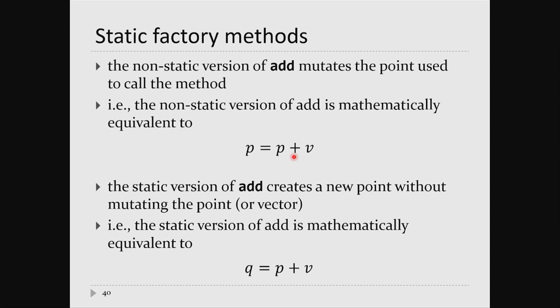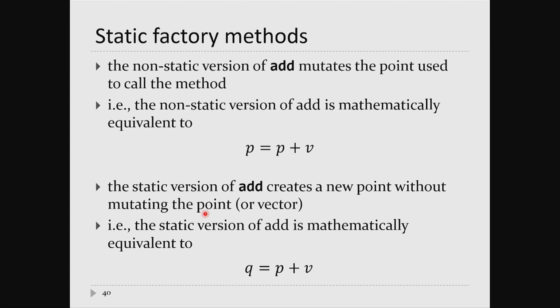Now, what do the static versions do? The static versions are all factory methods, so they return new points. The static version of add creates a new point without changing the point p, or the vector v in this case. So you would call it like Point2 q equals, making a new point, and calling the static factory method with p and v.